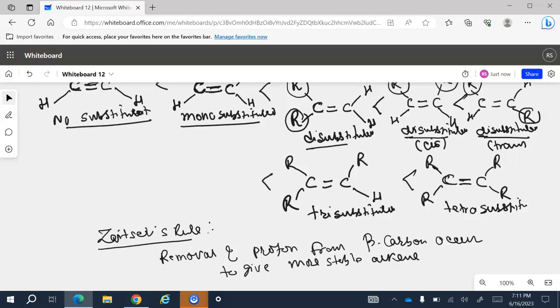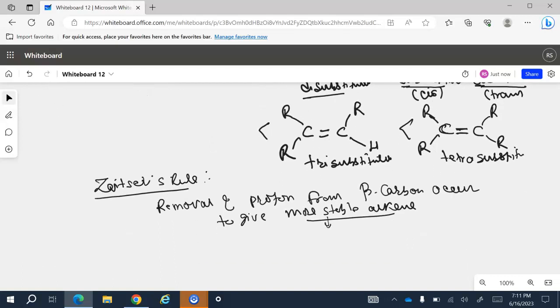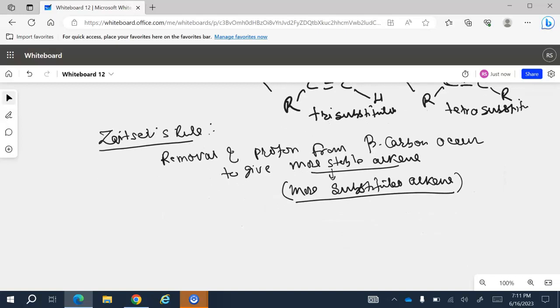More stable alkene means, as we learned, the more substituted alkene. That is the major product. All right, so that is how we decide the product here.